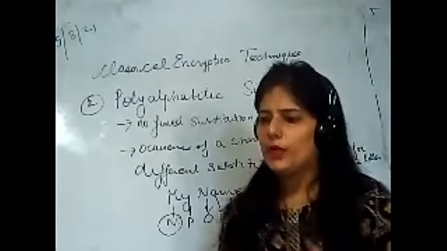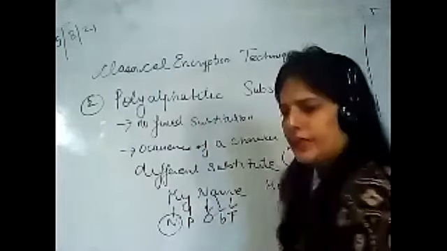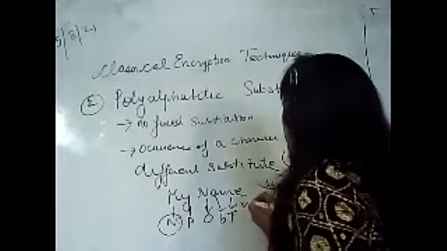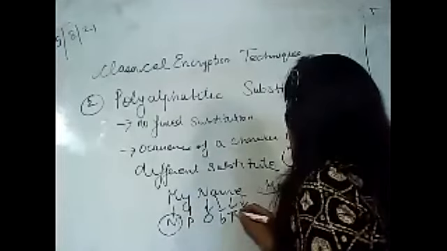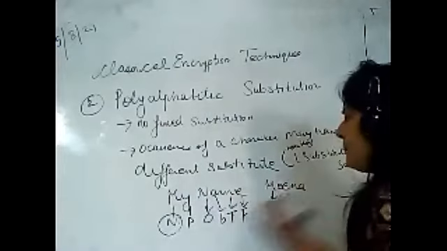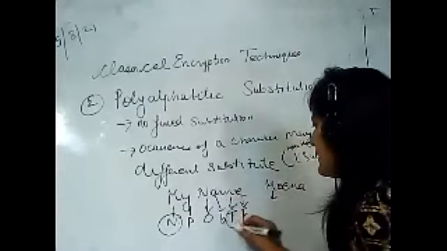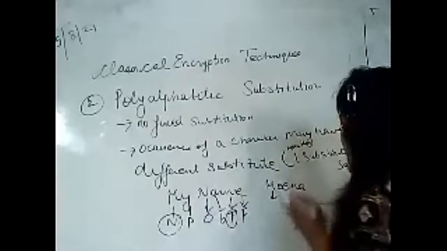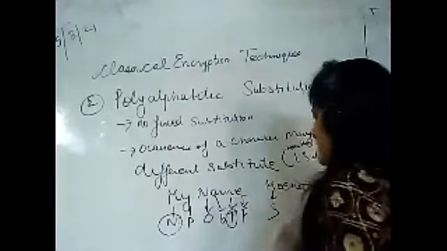But in the case of a polyalphabetic substitution, you can add any other character here, like T. Again, I can have E. I can use any other value, that is F. Again, for M, here I am representing M with T. Now I can represent this M with S.